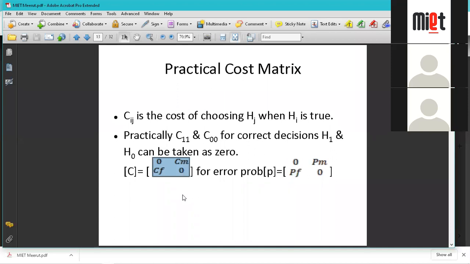So therefore, the cost matrix can be defined like this. Let's go to the next slide, please.